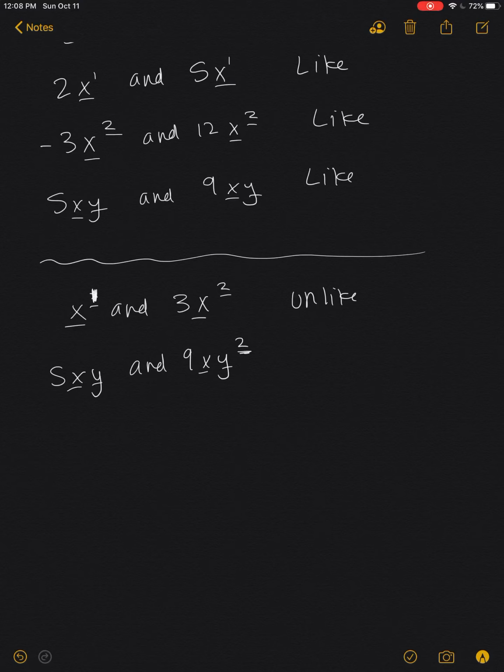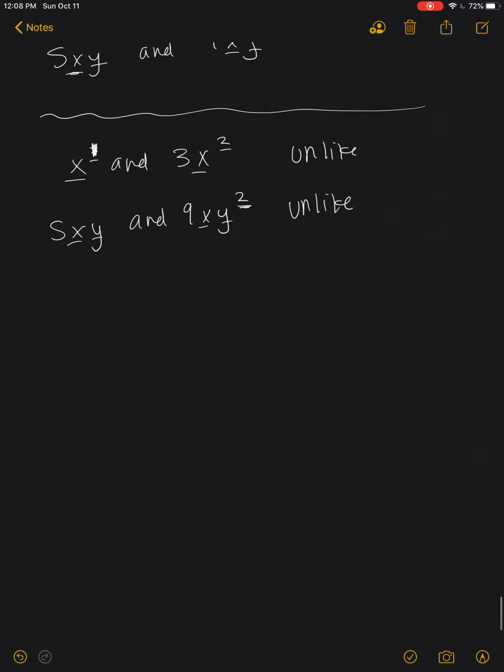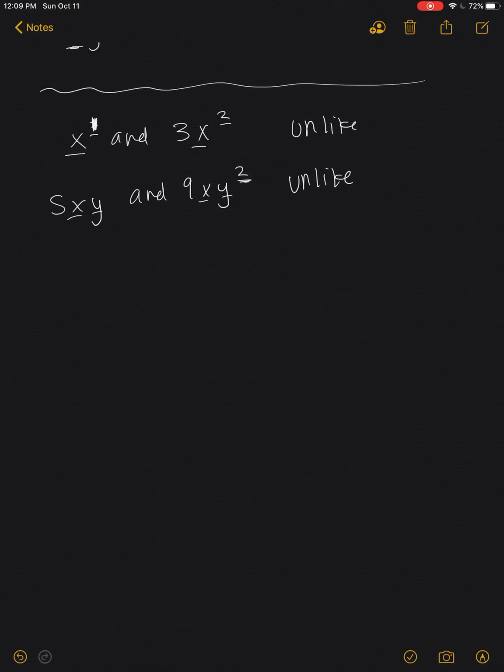They both have the same variables, but the y is raised to the second power in this one. Right, so again, these are unlike terms. So it has to be the same variables and the same powers, the same exponents, right? For them to be like terms.